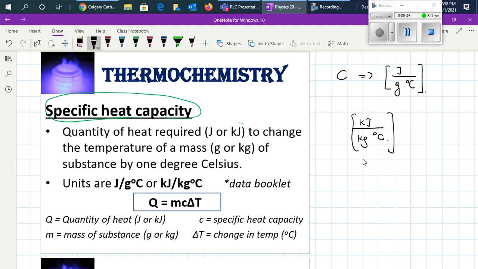Why is that so? Because kilojoules is joules times 10 to the power of 3, and kilograms is grams times 10 to the power of 3. So this times 10 to the power of 3 is canceled out, and then it's the same thing as we had prior, joules per gram degree Celsius.